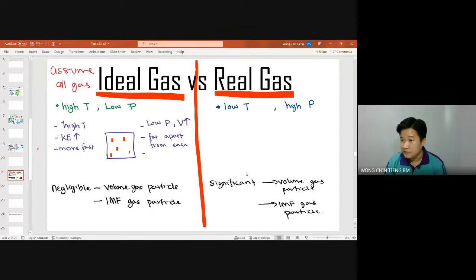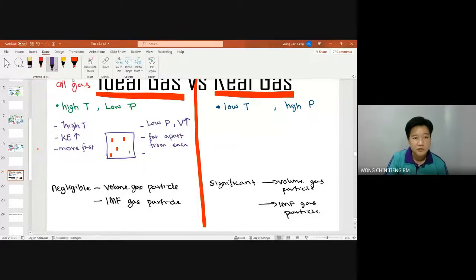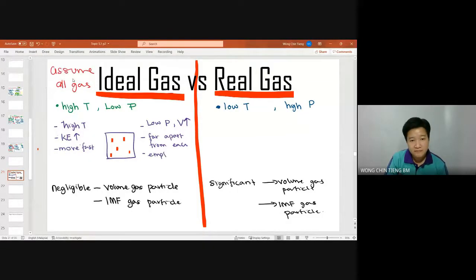Betul? Alright? Other than that, bila you are far apart, your empty spaces increase. Ruang kamu jadi besar. At this moment, agree?